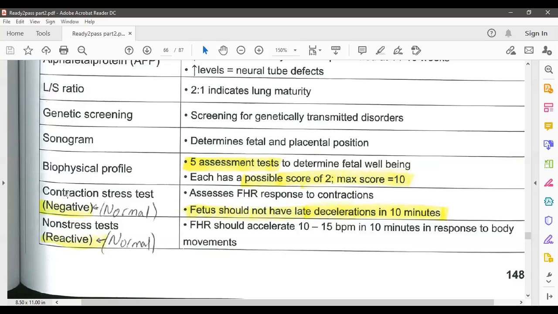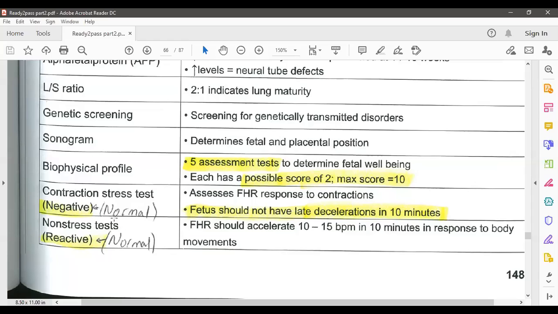What are the indications of the contraction stress test? A non-reactive non-stress test or high-risk pregnancies. We should do this test. The interpretation of this test is very important. Most of the students do get confused.